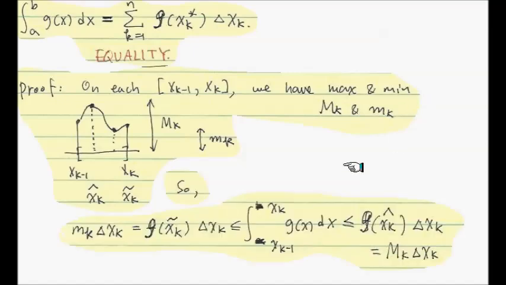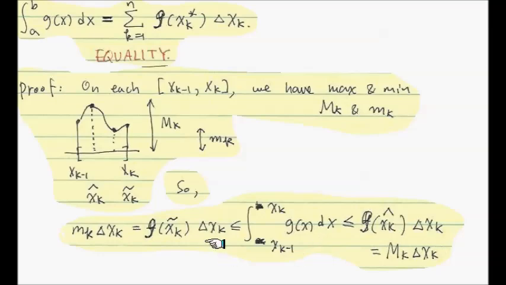So we have the following inequality. If you integrate g(x) over this tiny interval, with this upper and lower limit, we have the following inequality. This g(xk hat) here is the maximum value, and multiplied by this width, delta xk, it will obviously be the area of the rectangle, which, because we use the highest point, must be bigger than the actual integral value.